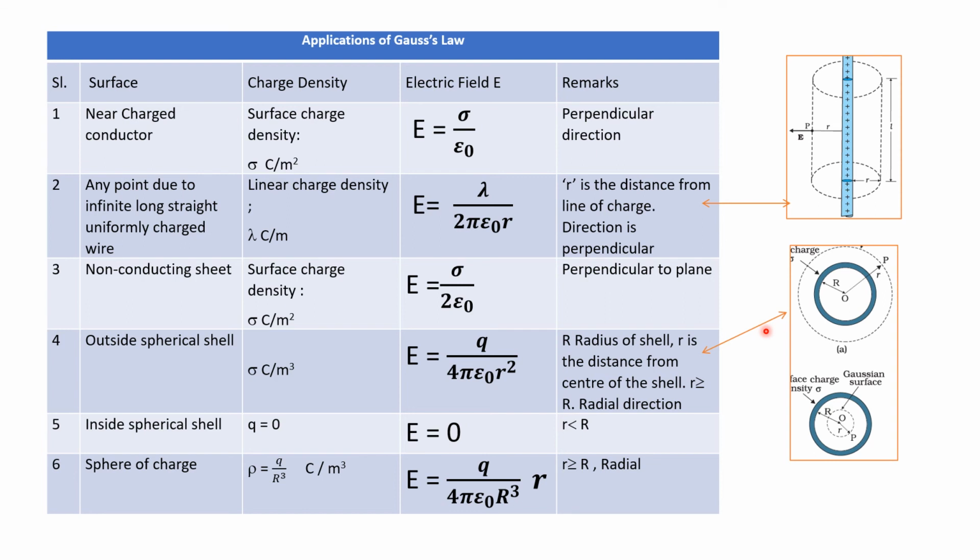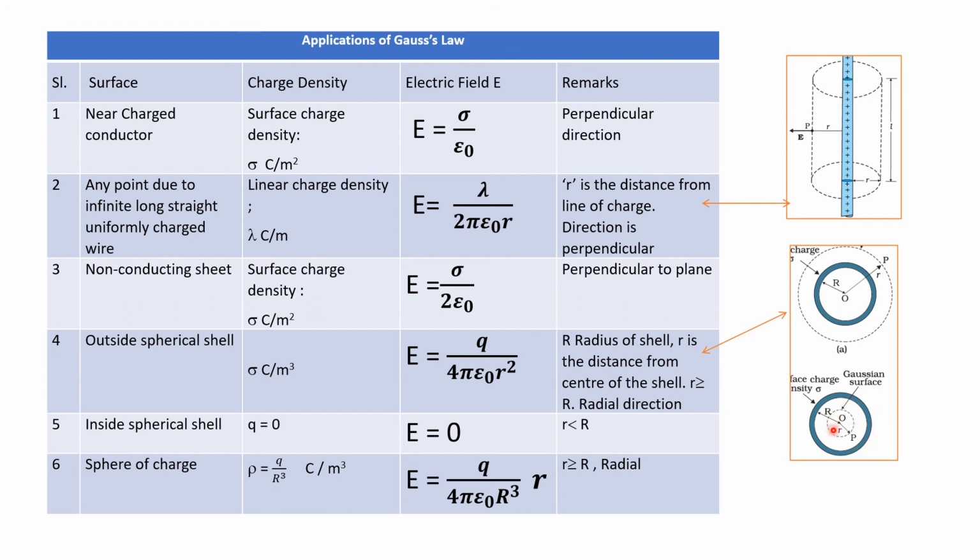In the next case, inside the spherical shell. Here the Gaussian surface is inside the shell, so small r is less than capital R. All the charge is distributed over the outer surface, this blue ring.